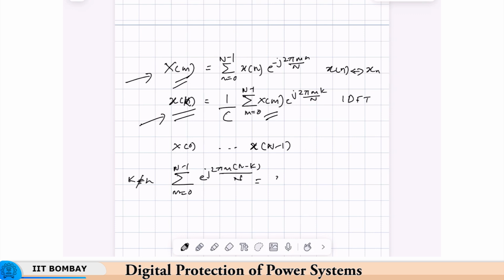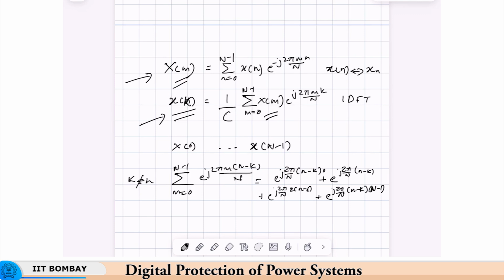We will just write it down, n minus k into 0. Okay. So, plus e raised to n minus k, I am just writing it down, 2n minus k and so on n terms, n minus k into n minus 1.